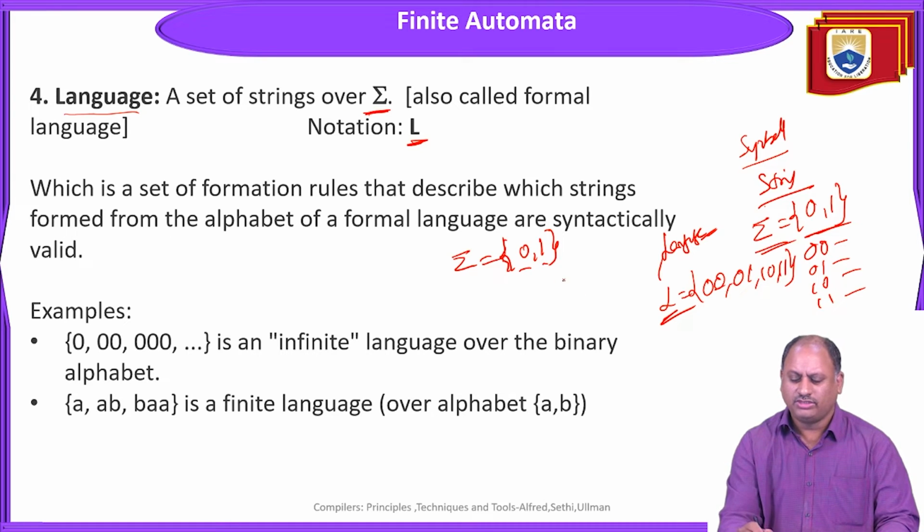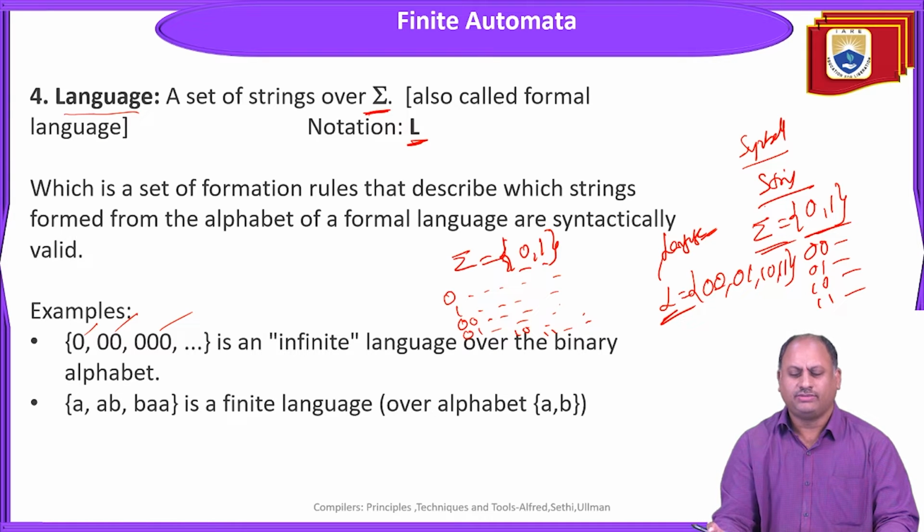Then you can form strings: 0 is one valid string, 00 is another valid string, 000 is another valid string. Like that, the strings may contain different combinations. That means some strings starting with 0, some starting with 1, 0 1 combination, 1 0.